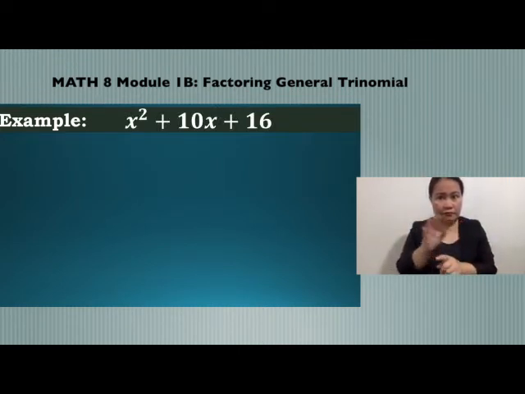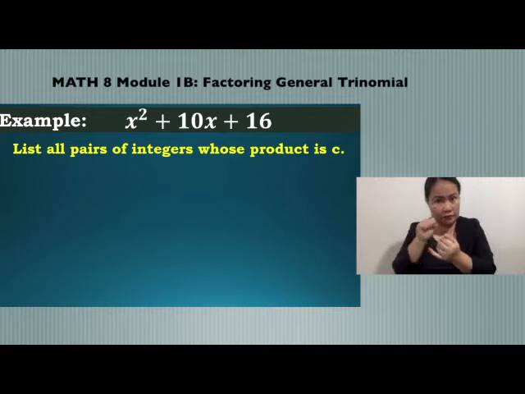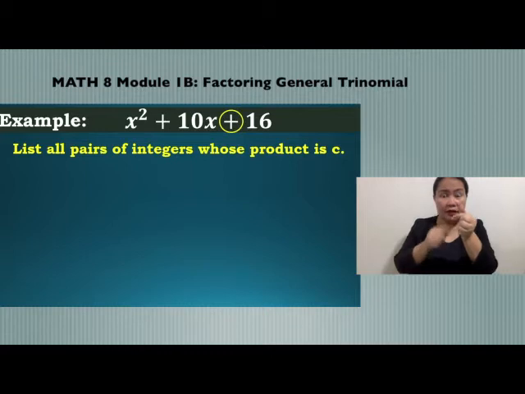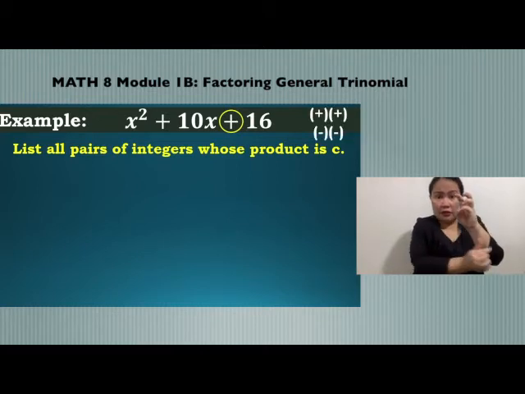So, in the given example, first, list all pairs of integers whose product is c. Alright. So, tatandaan na kapag nagbibigay tayo ng pairs of integers, dito tayo titingin. If this is positive, dapat yung dalawang integer mo or pair of integers, dapat it's either both positive siya or both negative.